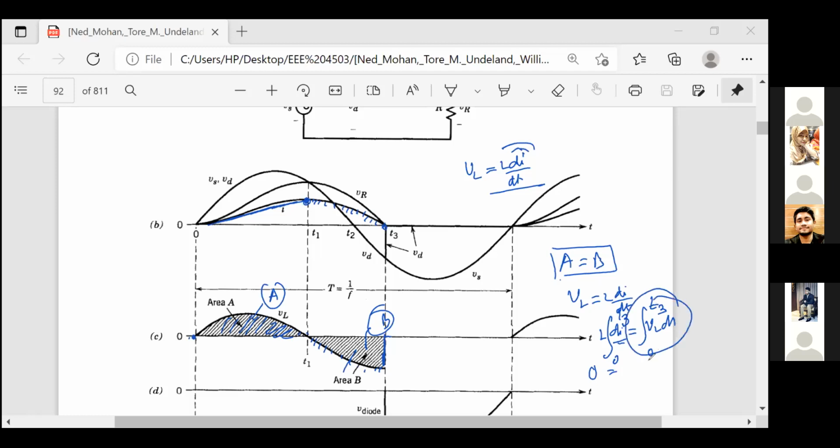And this is the integration of VL until T3, so we'll have two areas. It is given in the book, so you try to find it out.